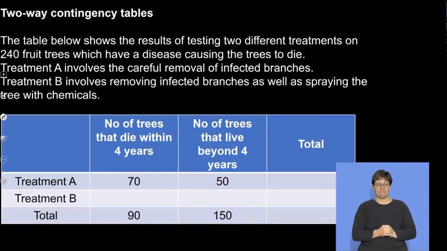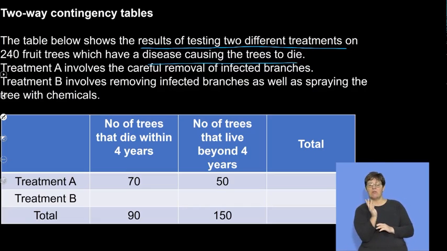So let's look at a two-way contingency table. The table below shows the results of testing two different treatments on 240 fruit trees which have a disease causing trees to die. So they tested 240 trees, because they found that some of the trees are dying because of a certain disease.